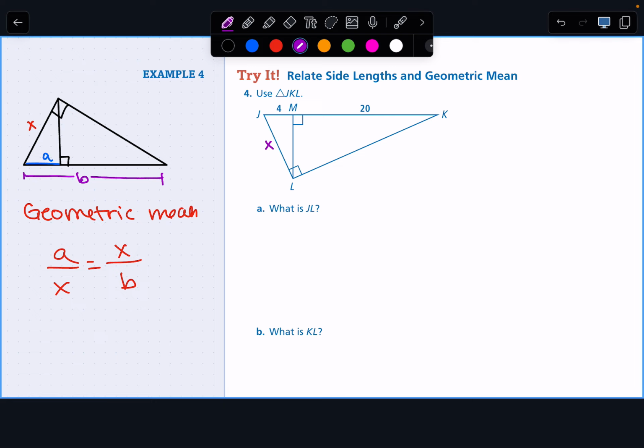I'm going to call JL X. Since x is on the leg of the big triangle, then we know it's the geometric mean between this little piece 4 and the whole thing, which is 24. So we're going to say x is the geometric mean between 4 and 24.